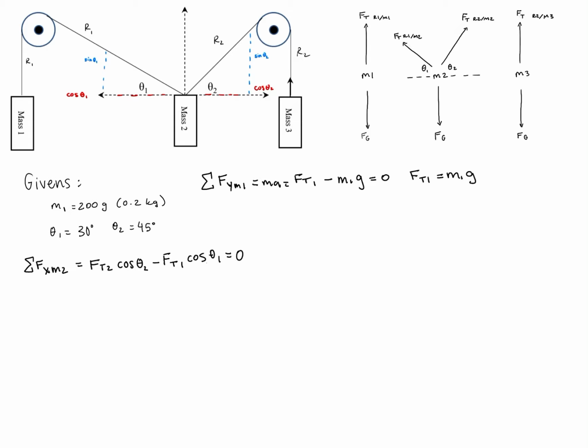And again, equilibrium. So that's 0. And we want just force tension 2 by itself. So force tension 2 cosine theta 2 equals force tension 1 cosine theta 1.